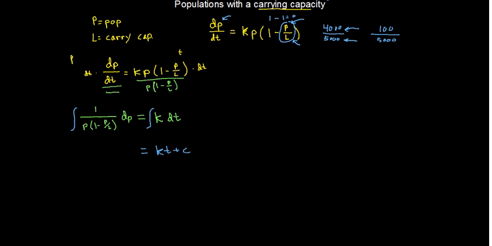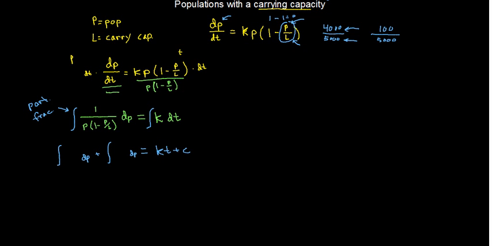The left side, however, is not easy. You can't use a simple u substitution for this one. We are going to have to use partial fractions. We've learned that already. We're going to break this up into two integrals, one integral dp plus another integral dp, and they are both going to be fractions.